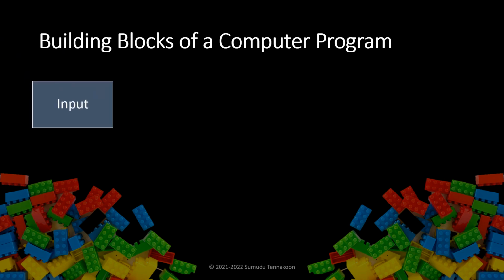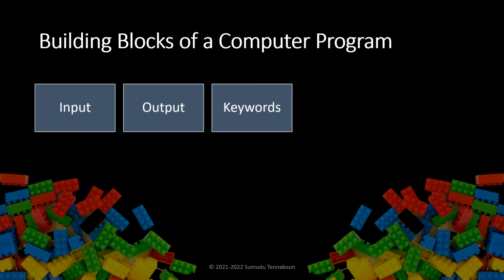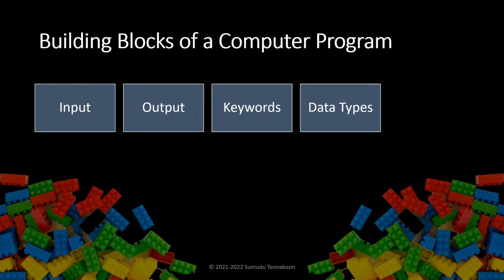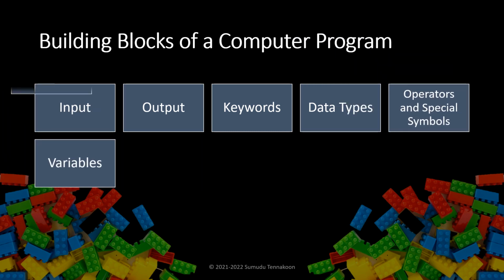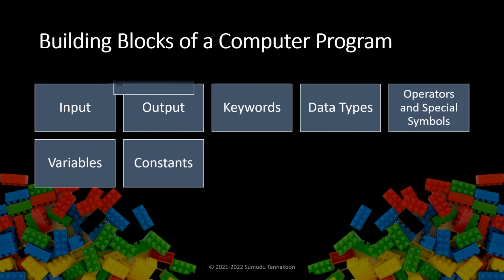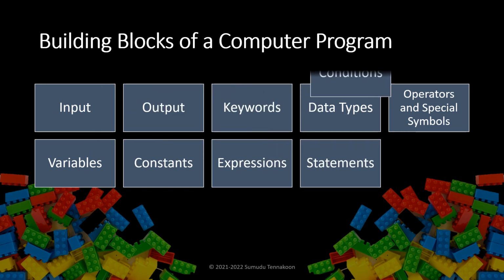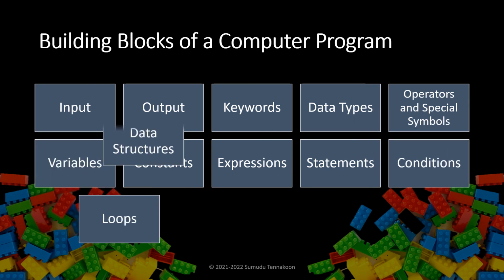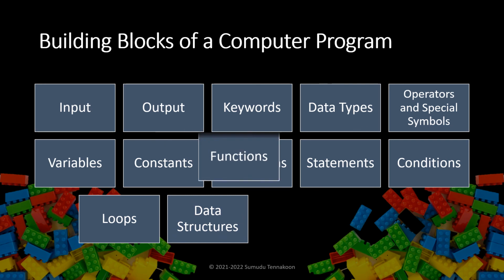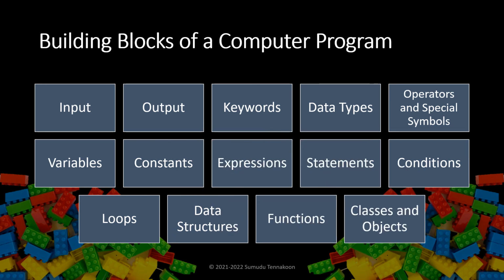You want to know how to provide input to computers and how to get output after executing your code, and how we can use keywords, data types, operators and special symbols, variables, constants, expressions, statements, conditions, loops, data structures, functions, classes and objects.